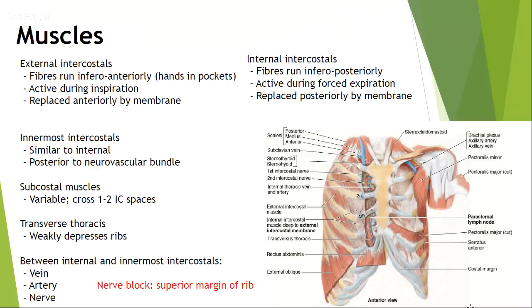They're active during forced expiration, and they're replaced posteriorly by membrane from about midway through the scapula to the vertebrae. The innermost intercostals are essentially the same as the internal intercostals, but they're separated by the neurovascular bundle between each rib. Subcostal muscles and transversus thoracis aren't as important, but they're also present.